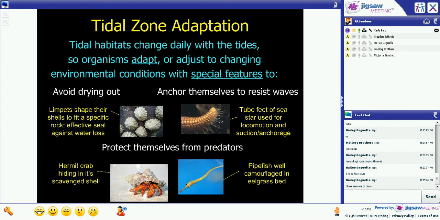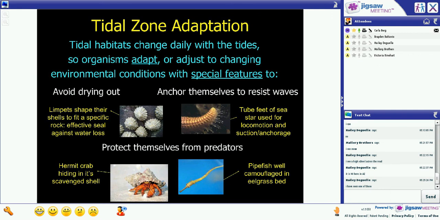The way they do this is they suction their shell to the rock, almost in the same way that you would put a suction cup on your window or on a mirror to hang something. They do that with their shell as the water or the tide is going lower. To the right, you see tube feet of a sea star.